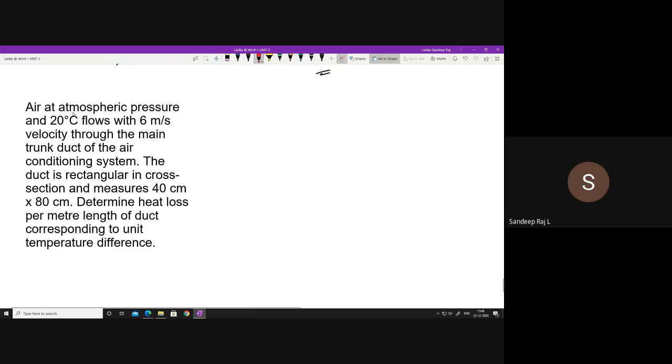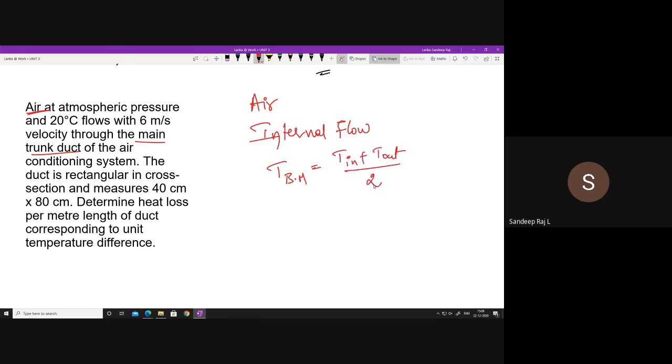So what to do with this kind of problems? Let us see here. Again, air flows through the duct. Flowing through the duct is an internal flow. You will understand that it is an internal flow problem. Once you know that, what is the next thing? The next thing is finding out the bulk mean temperature. It is T in plus T out by 2. But is bulk mean known to you?